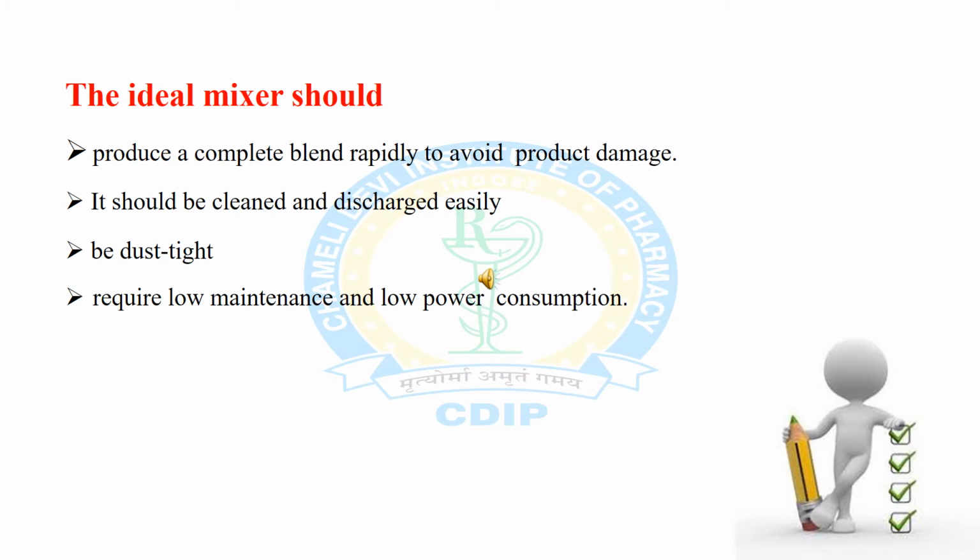The next is, it should be cleaned and discharged easily. So mixers should be neat and clean, and after the mixing the material should be discharged easily. An ideal mixer should be dust free or dust tight. And the last one is, a mixer should require low maintenance and low power consumption.